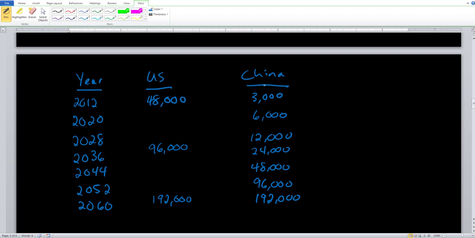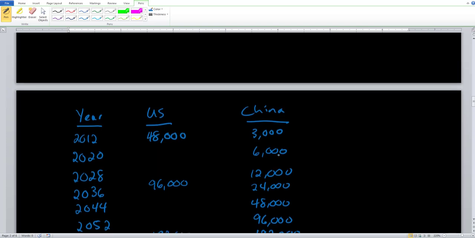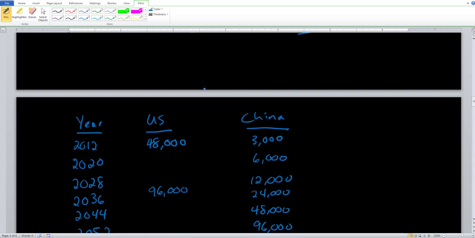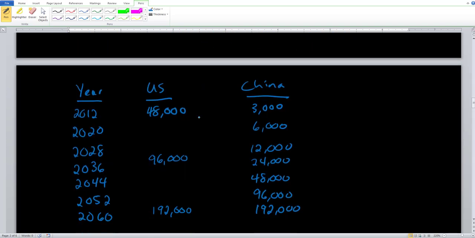And this will actually allow us to answer both of these questions. Question number 1 asks, when will China reach current US income? So when will China reach year 0 US income? As we go down the line, we notice that China is going to reach $48,000 worth of GDP per capita in the year 2044. So it's going to take 8, 16, 24, 32 years to reach current US income.